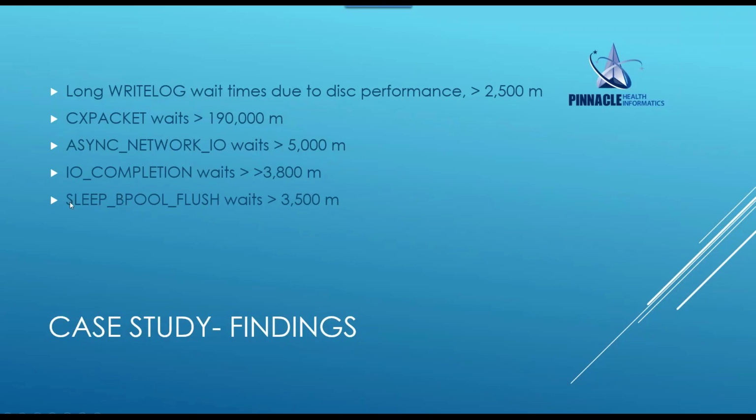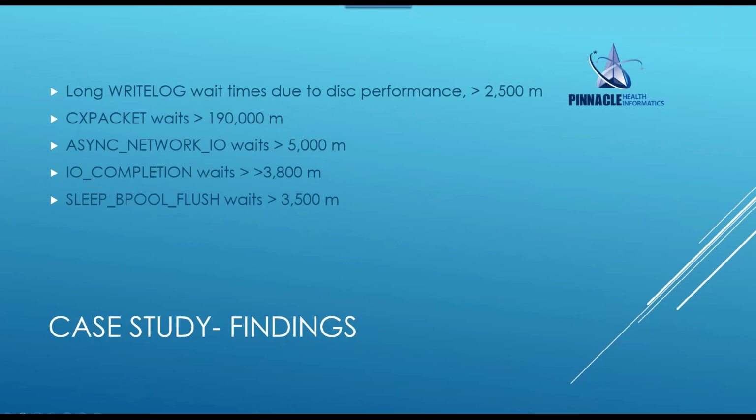And then there's the sleep buffer pool flush waits. These are about six or seven of the 10 or 12 on that dashboard that I just chose to focus on. And we're seeing that sleep buffer pool flush is greater than 3,500 minutes. And that's just another measure of how quickly things are getting from the disk through the CPU and then processed and moved on.